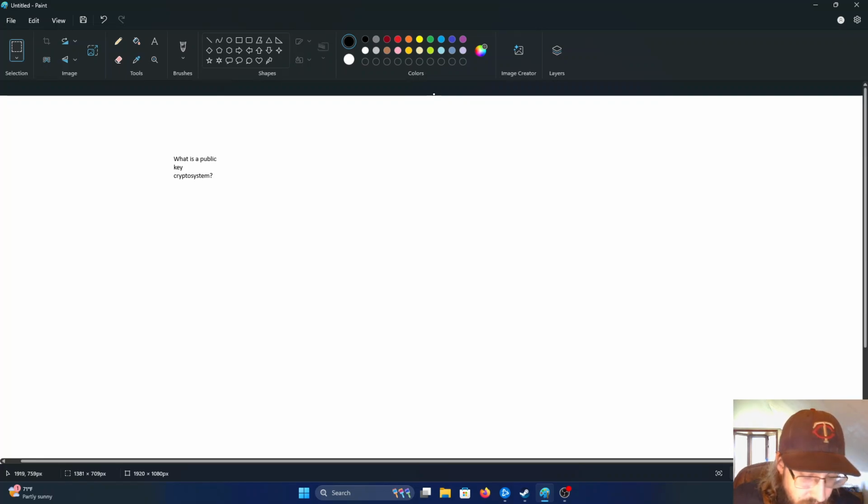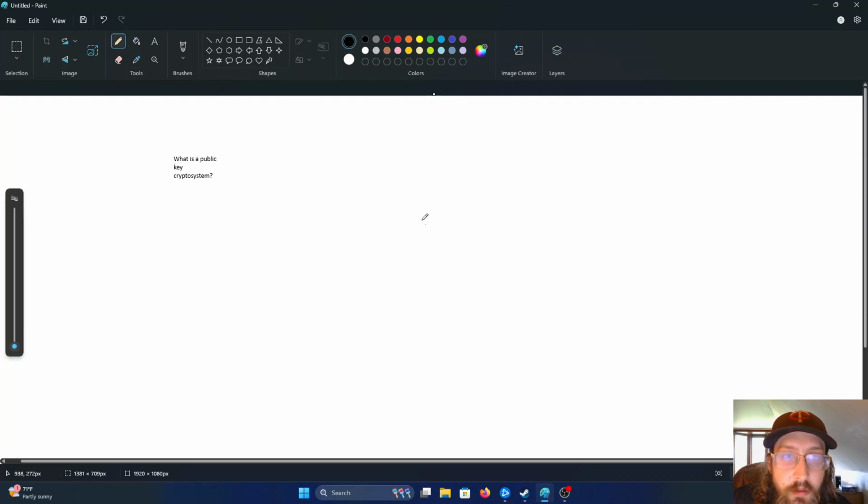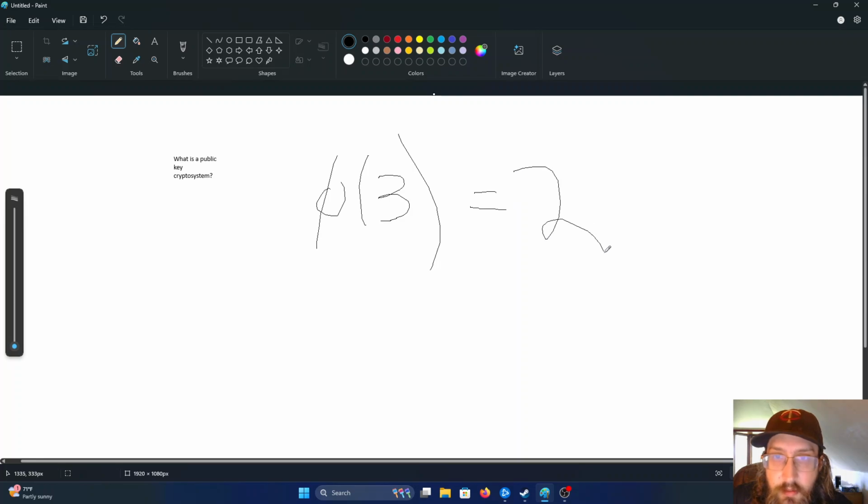Note the last statement is very important for cryptography. Given the factorization of n, it is easy to compute the value of Euler of n. The most important cases for the value of Euler of n in cryptography are: 1. If p is prime, then Euler of p is p minus 1. So I think I can understand that. Euler of 3 equals 2, right?